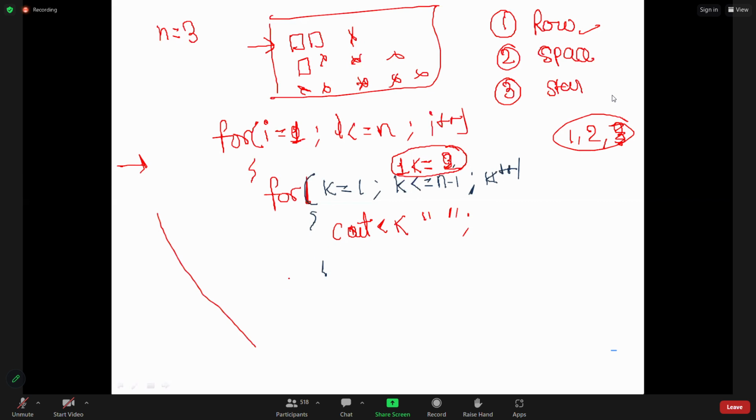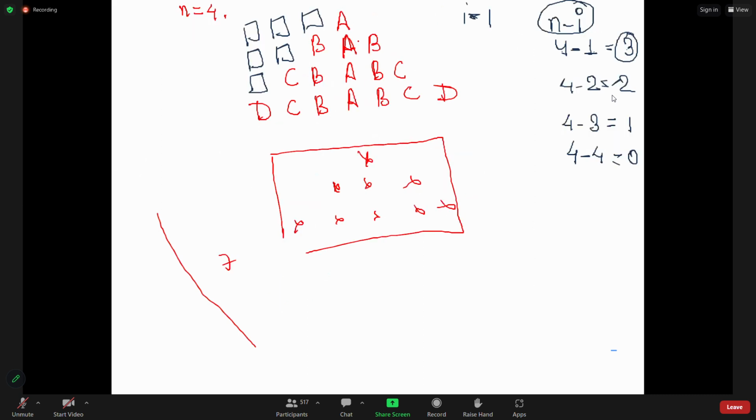And after you are done with the space, what do you need to do? You have to print stars. So if you have to print the star, now you'll find out the relation between star and number of row. When I checked, I got to know that in the first row, 1 star is getting printed. When my I value is 2, 3 stars are getting printed.